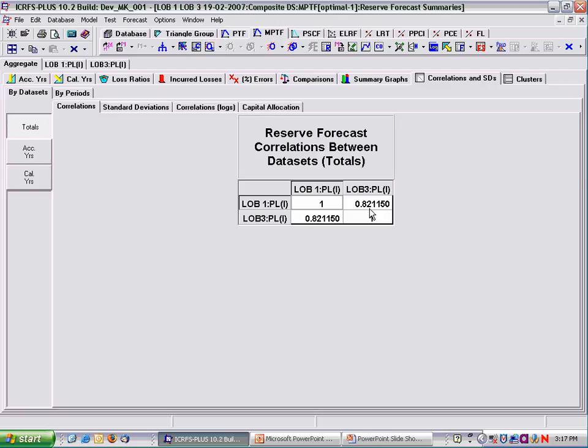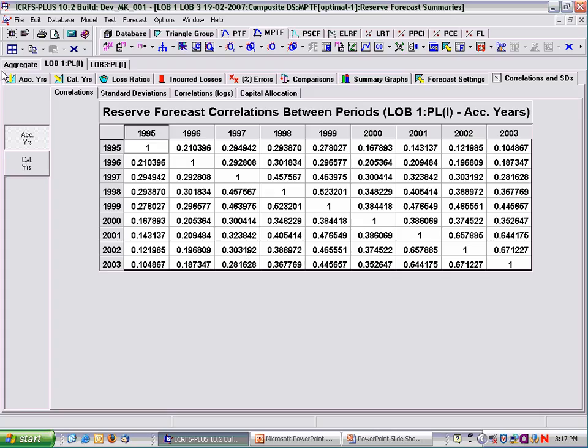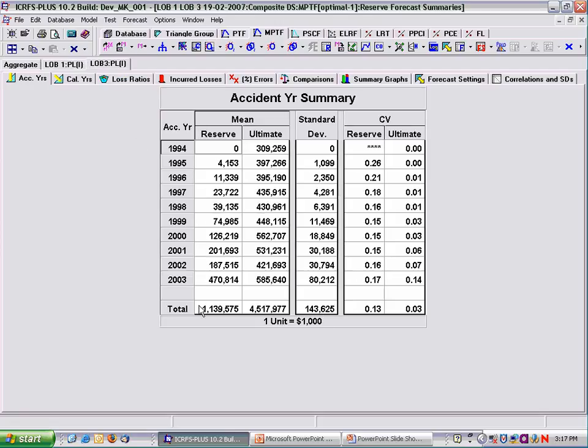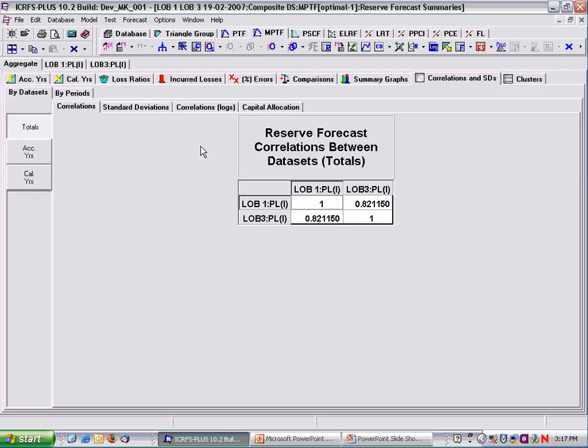So the correlation between the two reserve distributions: one reserve distribution has a mean of 697.5 million with a standard deviation of 90.6 million, units are in thousands. The other distribution has a mean of 1.13 billion with a standard deviation of 143 million, and the correlation between these two distributions is 0.02. On the log scale, the correlation will be a little bit higher.